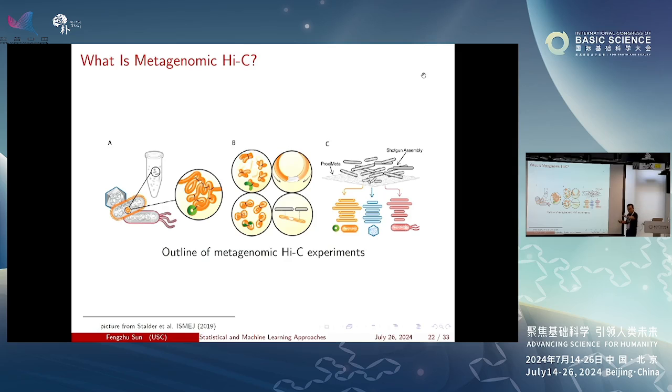One end comes from this region, and another end comes from another region. So that's the metagenomic Hi-C experiment, and from there they can say how regions were linked together.